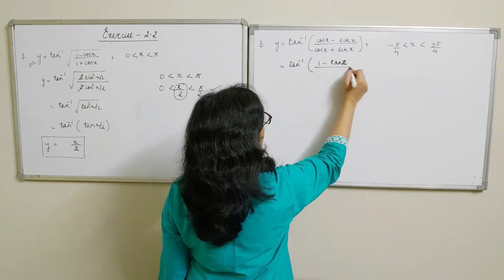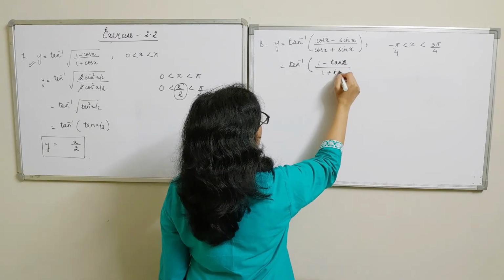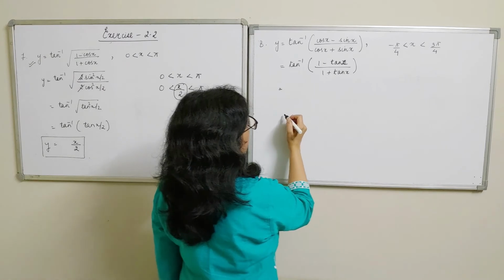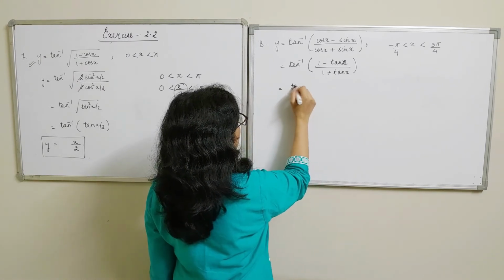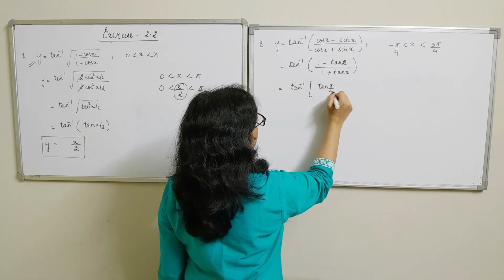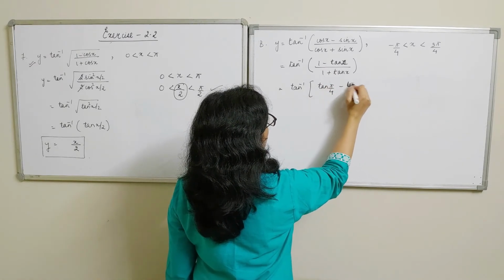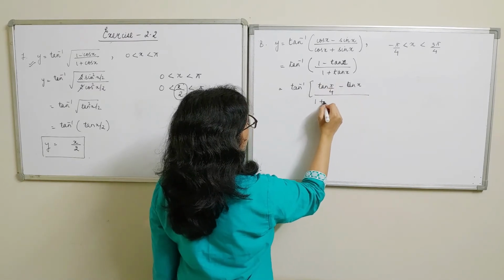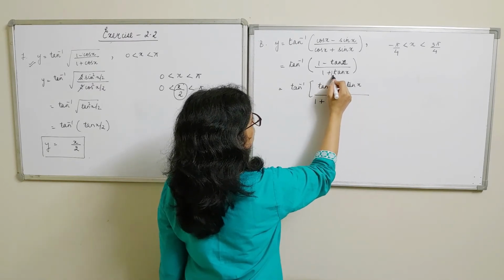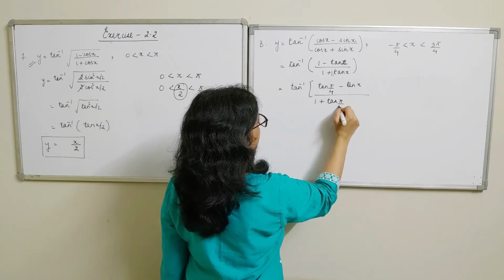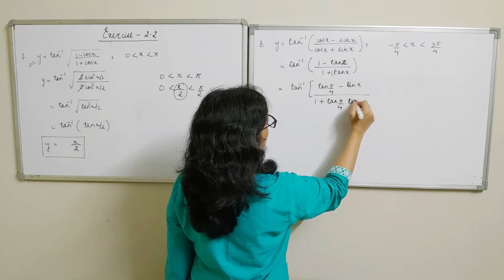1 minus tan x upon 1 plus tan x, and this 1 can be replaced as tan pi by 4 minus tan x in the numerator. Denominator we are writing 1 plus, this I am writing as 1 into tan x, and that 1 is being replaced by tan pi by 4 into tan x.